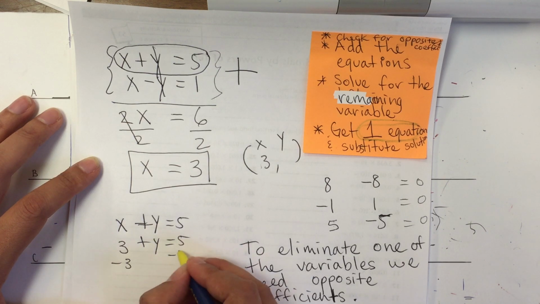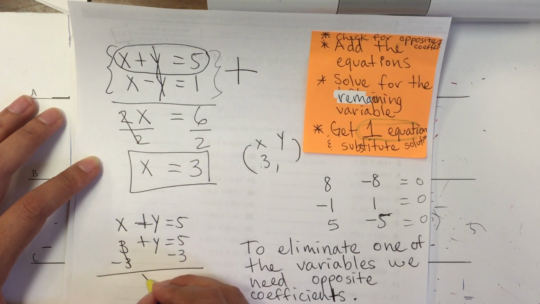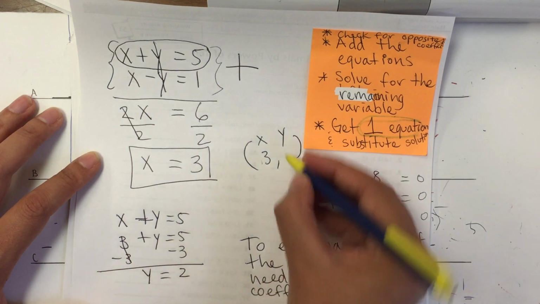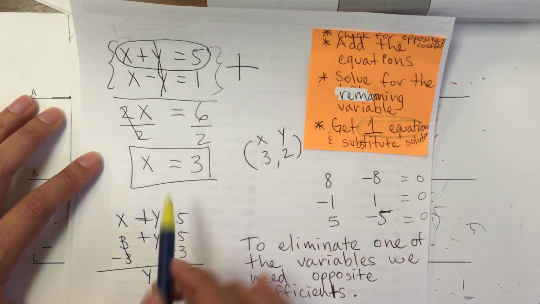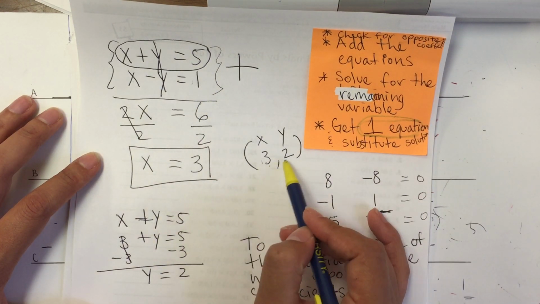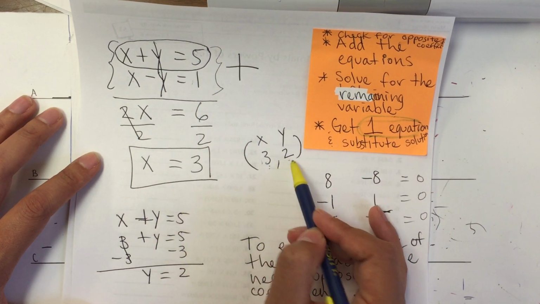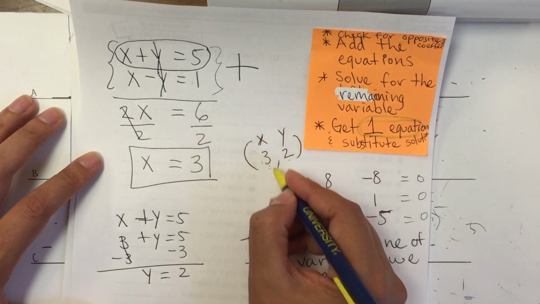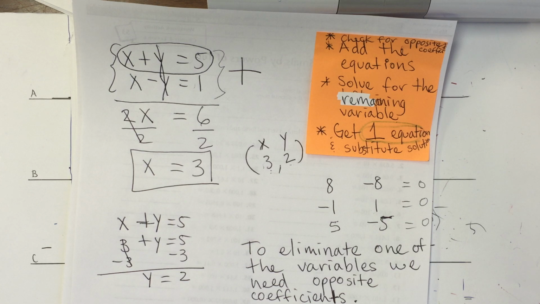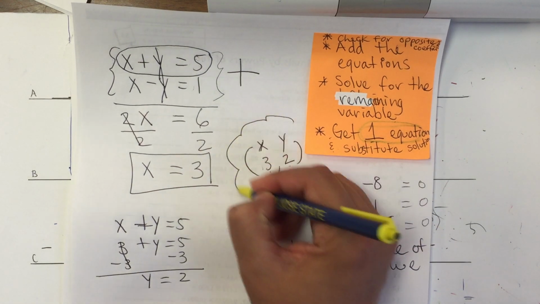Take away 3, and so y equals 2. If I were to graph these two lines, they would meet at the point (3, 2), x is 3 and y is 2. This is my solution.